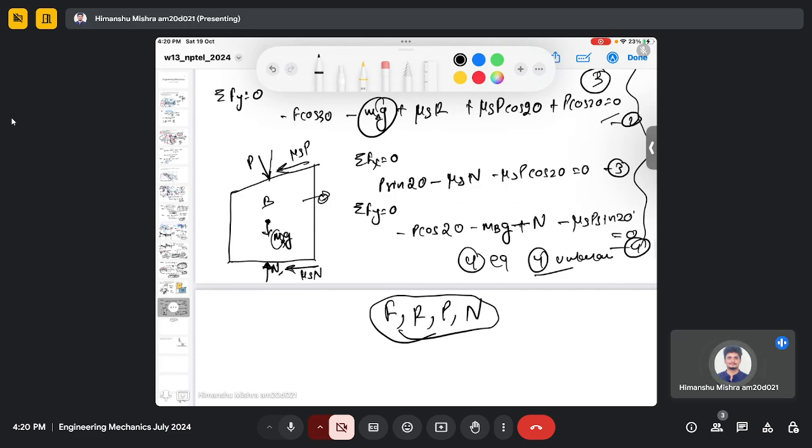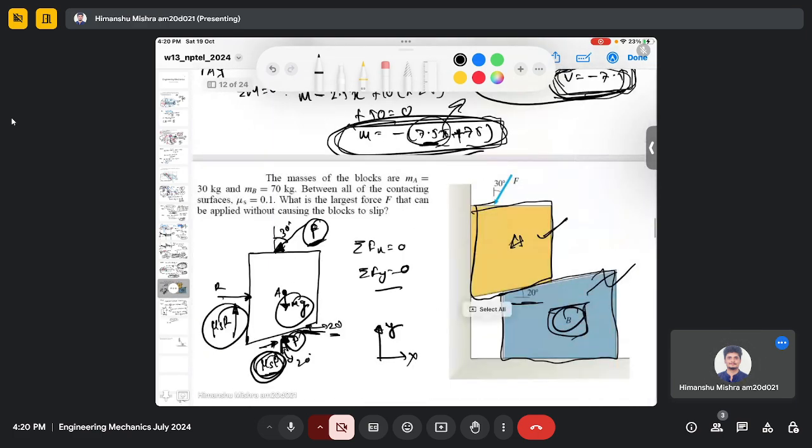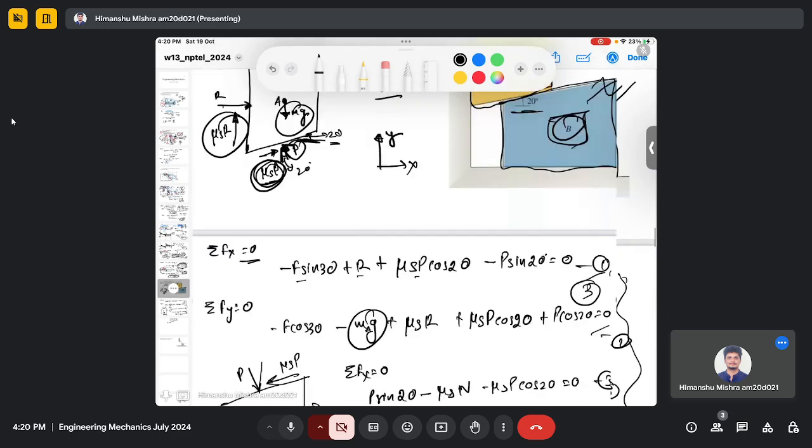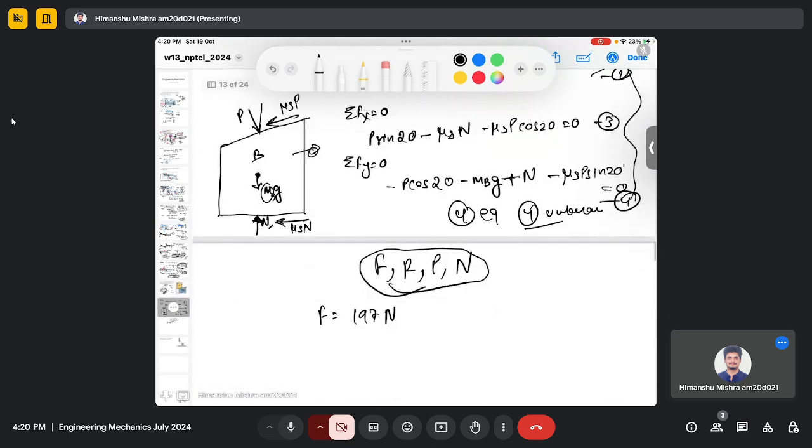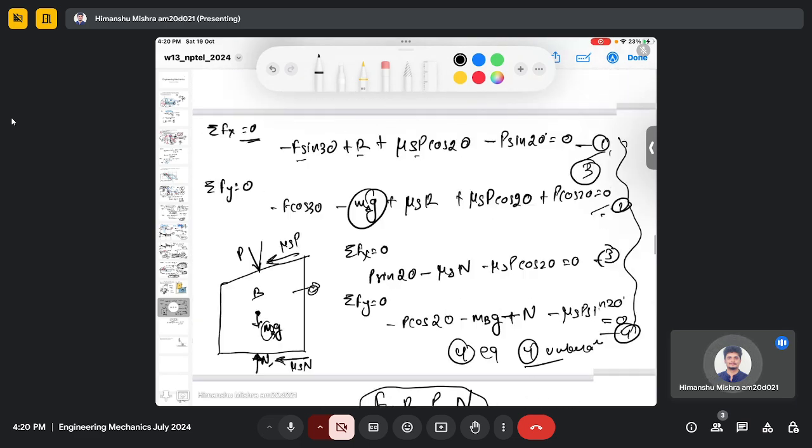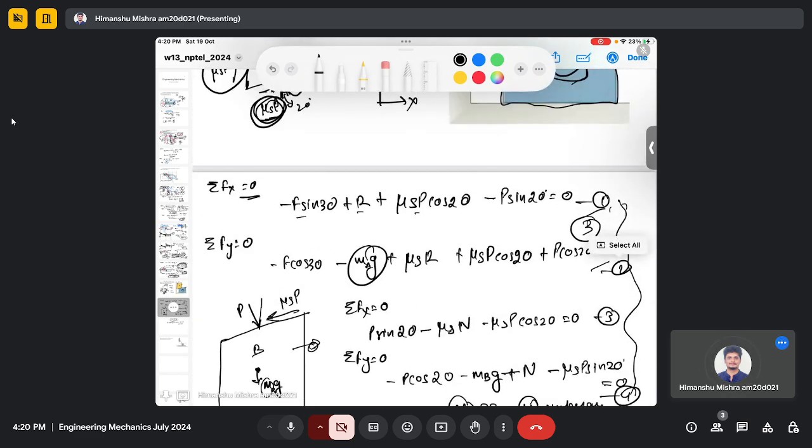So these are 4 unknown quantities that you can solve by using these 4 equations. So when you solve these equations you will get F 197 Newton, N which is 1130 Newton, R which is 212 Newton and P which is 456 Newton. So this you will get when you solve all these 4 equations.